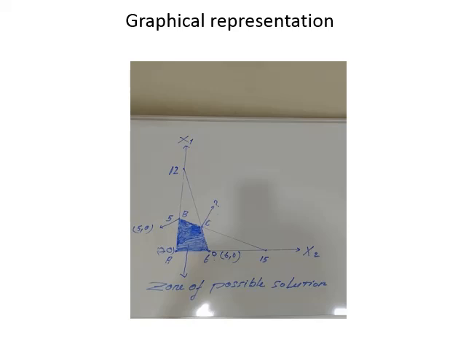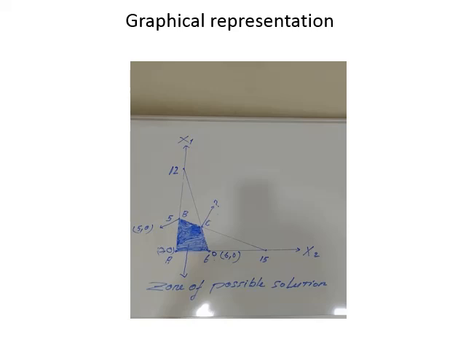So here we have done the basic steps of solving a linear programming problem using the graphical method, which is a maximization problem. We mentioned before that the graphical method aims to solve a problem which consists of two decision variables.